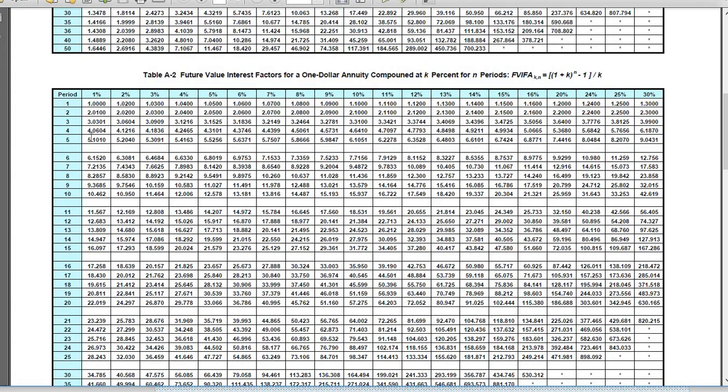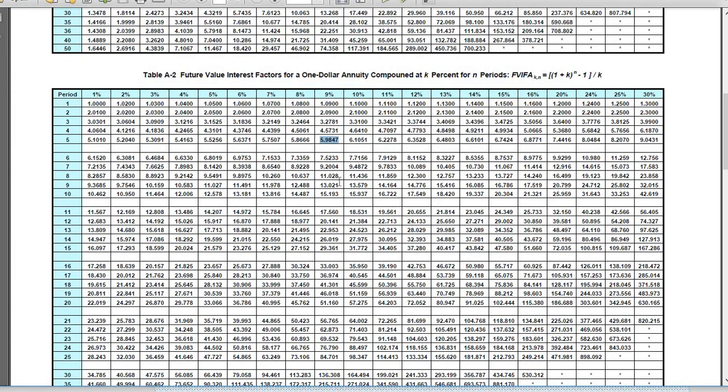Now, if you are receiving an annuity for 5 years and the interest rate is 9%, let's assume you are receiving $100 per year for 5 years. What would that be in 5 years?